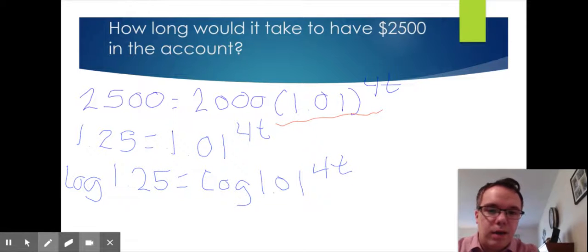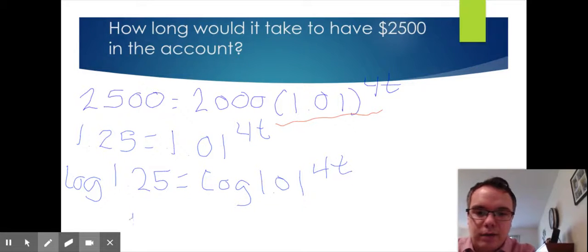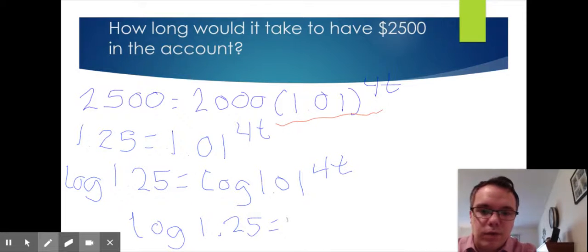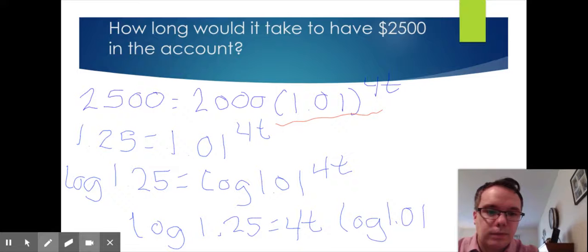Now I can bring that power down. So I'll have the log of 1.25 equals 4t times the log of 1.01.